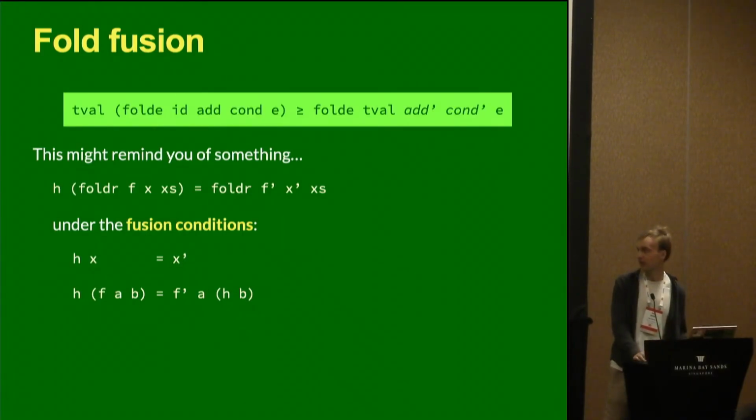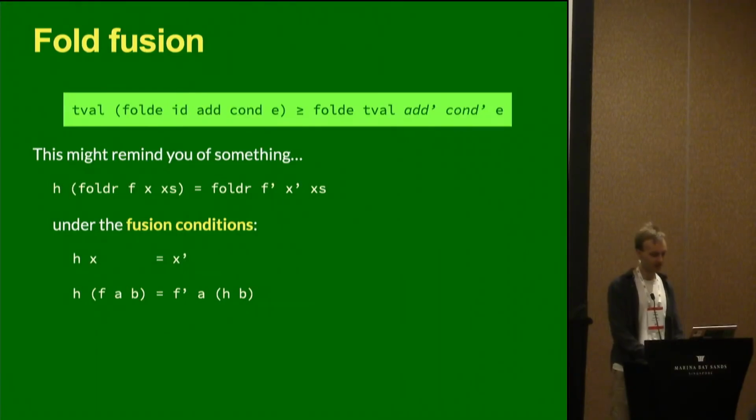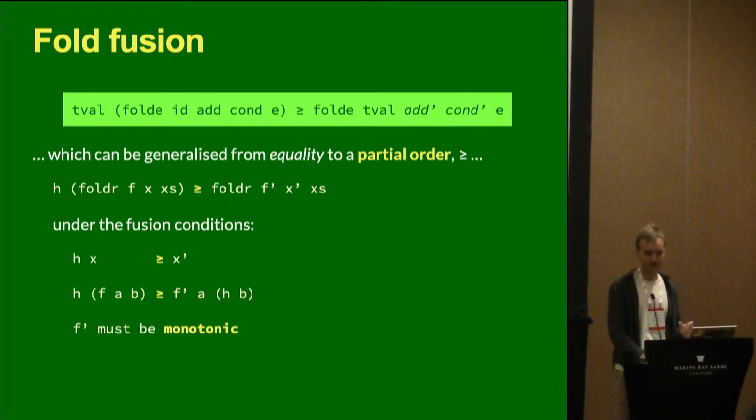In Haskell, you can fuse a function into a fold by coming up with some new folding operators subject to certain conditions. These are sort of like distributivity conditions, you could say. These are them. And actually, you can generalize this to a partial order, so to an inequality rather than an equal sign here, under this condition that f prime, this new folding operator, is monotonic.